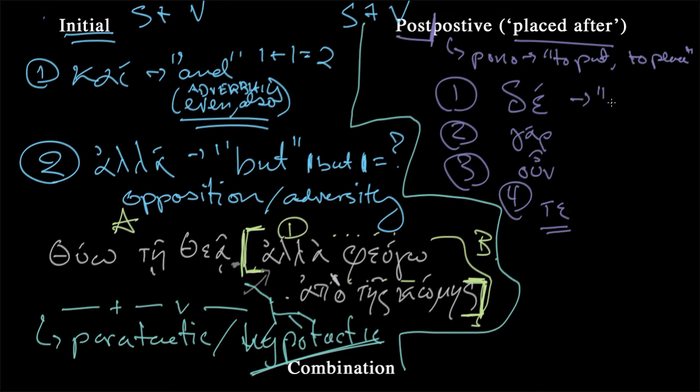So de can mean either "and" or "but." That's a little frustrating because, well, we just showed right here that "and" and "but" mean very different things. Well, that's true, but this is almost the embodiment of parataxis.